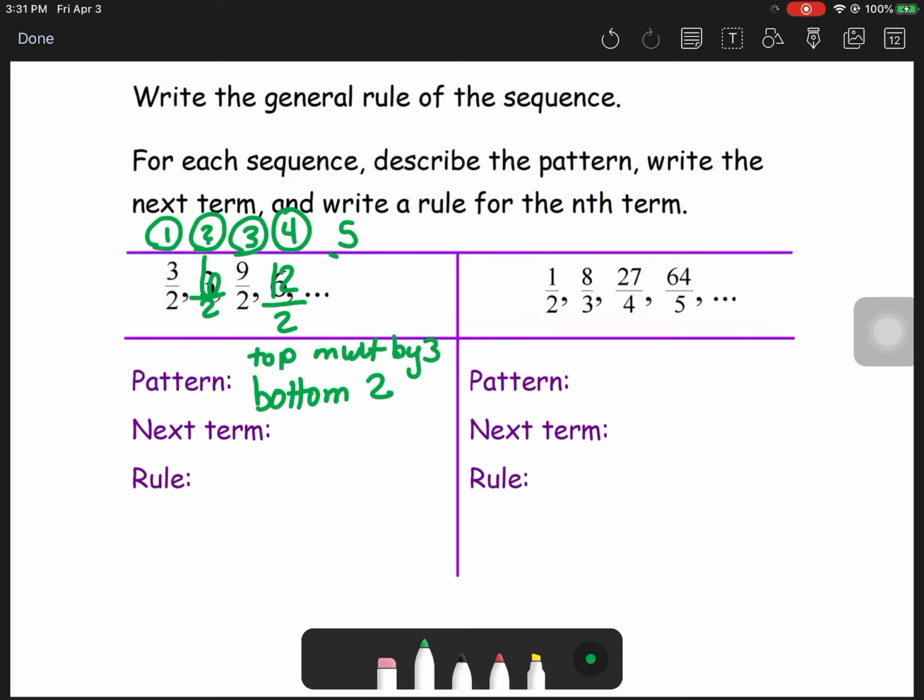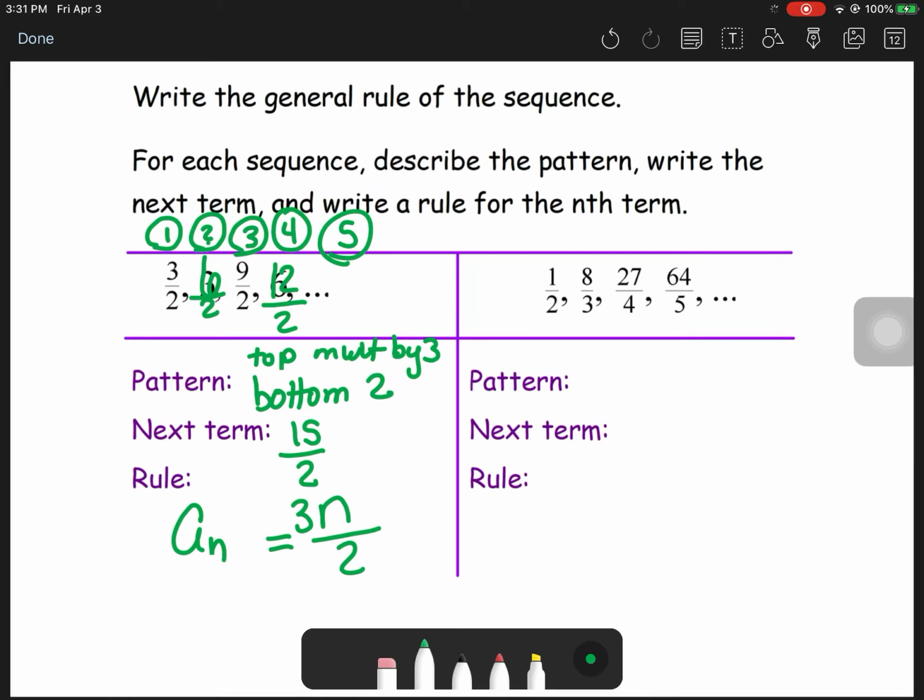So if I'm in position 5 and I take the top times 3, I get 15, and the bottom is going to be 2. To write the rule, I say, all right, the bottom is always going to be 2, and the top, my n, is going to be multiplied by 3 each time.